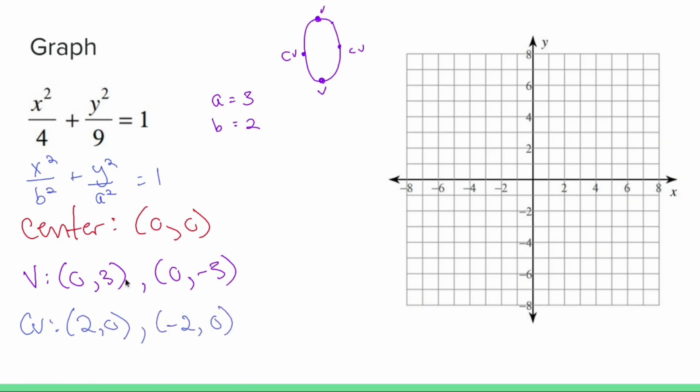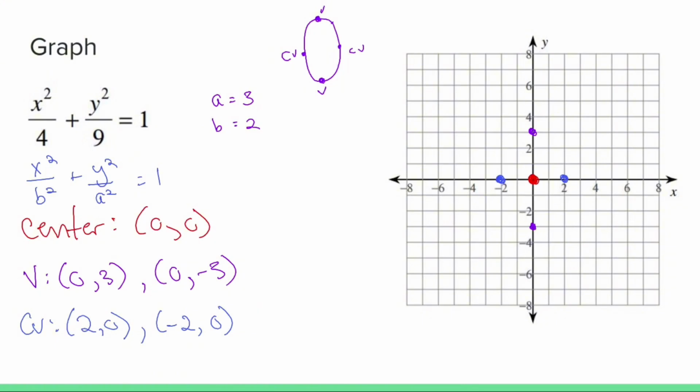So using all the colors that I have, my center is going to be 0, 0. My vertices are going to be 0, 3 up here, and 0, -3 down here. There's a stray mark that I accidentally left, so let's get rid of it. And then my co-vertices are going to be 2, 0, and -2, 0, like that.